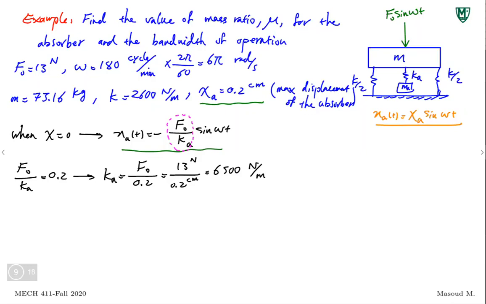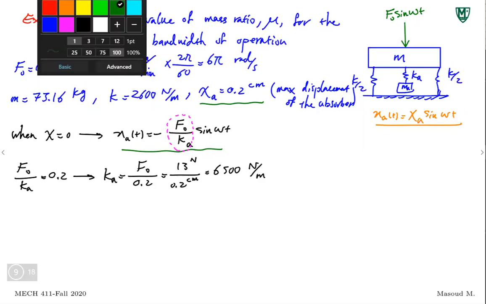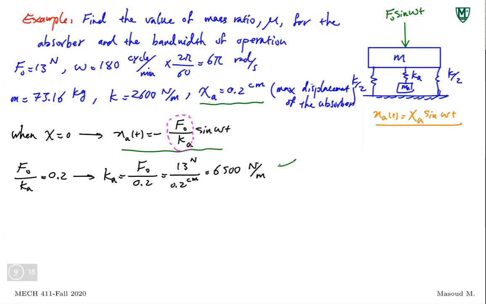We need to know what kind of spring we need to use, how stiff that spring should be, and how much mass you have to attach as the absorber's mass to absorb the vibration at this given excitation frequency, given excitation input. So this is the absorber's stiffness. That's how stiff it should be.